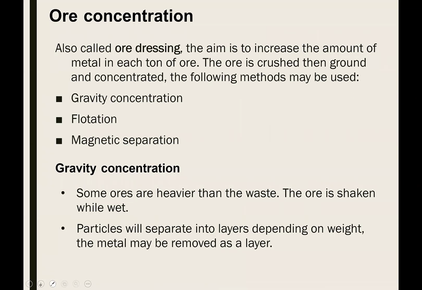Gravity concentration is simply based on the weight of the ore, whether it's heavier or lighter. If the ores are heavier than the waste, you will shake them while wet, and the particles of the ore of interest will separate into layers based on weight. The metal-rich layer can be removed from the other waste.